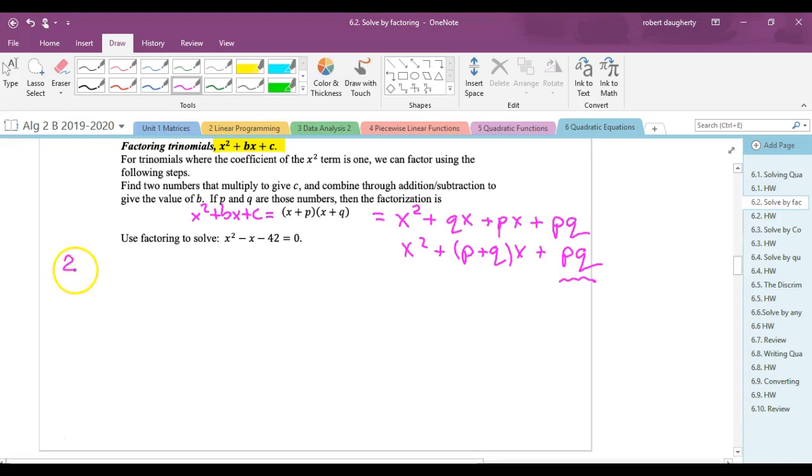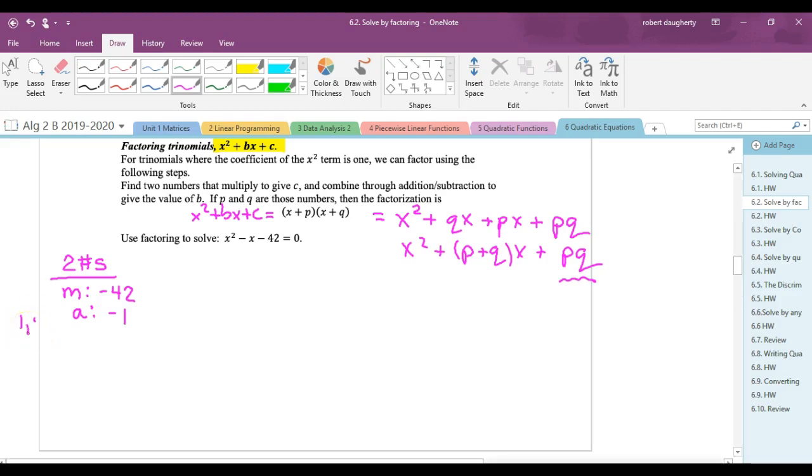Now the way I typically do it, there are many different ways people are taught this. I always just write this out. I'm looking for, in this case, 2 numbers that multiply to give me negative 42, and add to give me negative 1. Some of these are pretty easy and they just jump out to you.